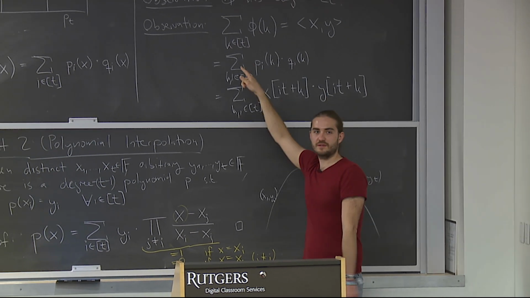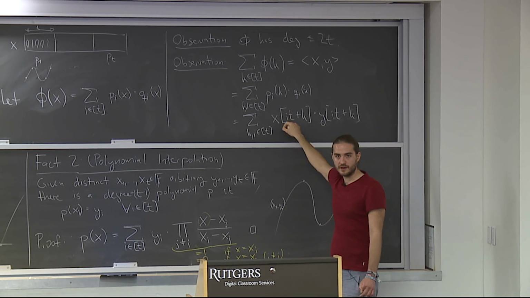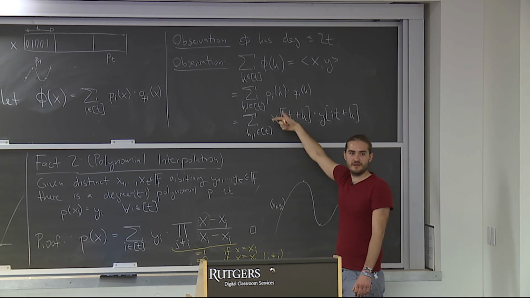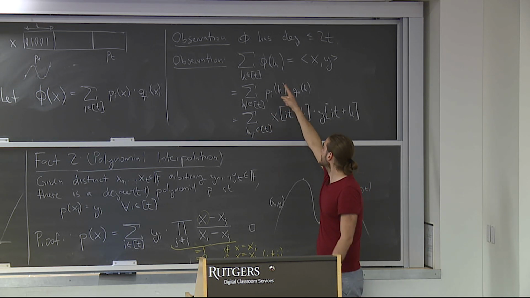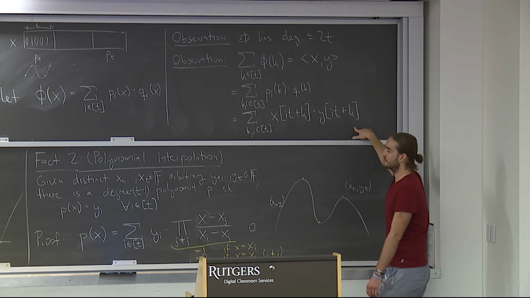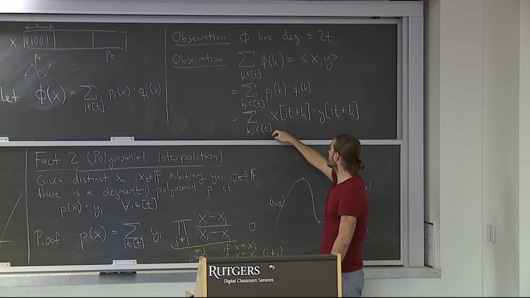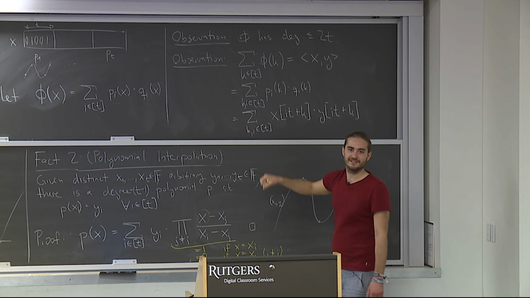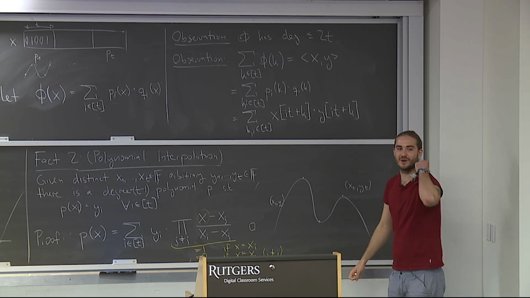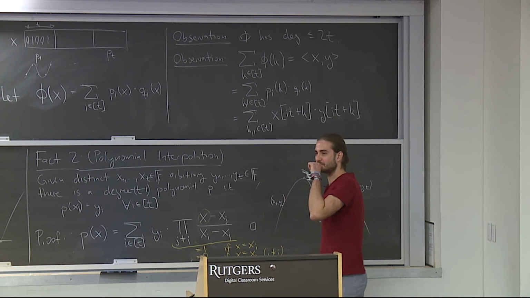Right, so on the left-hand side, I've expanded the definition. I've said, the phi is just the inner product of a bunch of p_i and q_i polynomials. And if you sum both over the index i of the polynomials as well as the evaluation point k, it turns out you really express the inner product that way. Because every index of the inner product can be written in the form i times t plus k. I guess I'm making some plus minus 1 errors in here because actually you should start from 0, but ignoring these, that's correct.